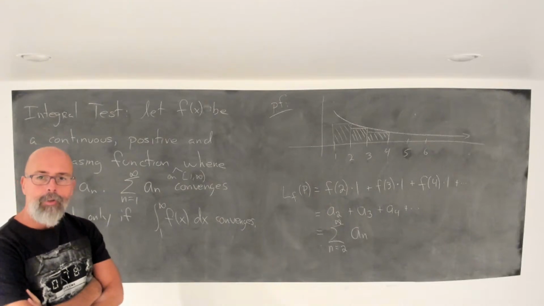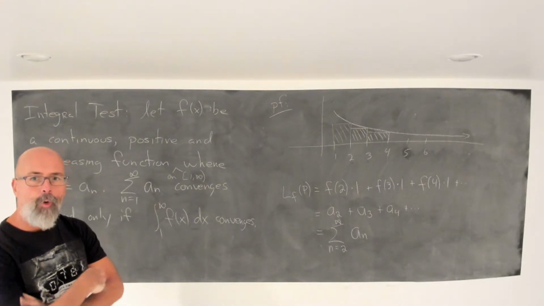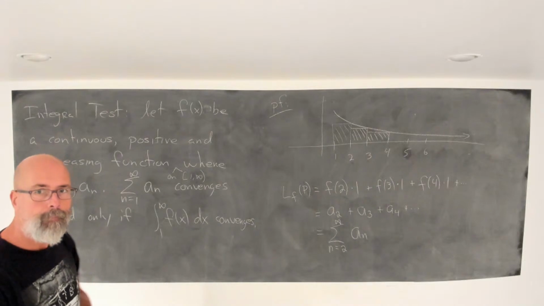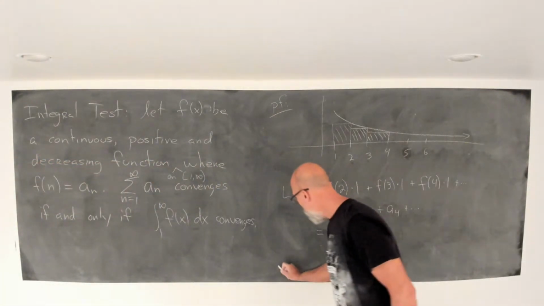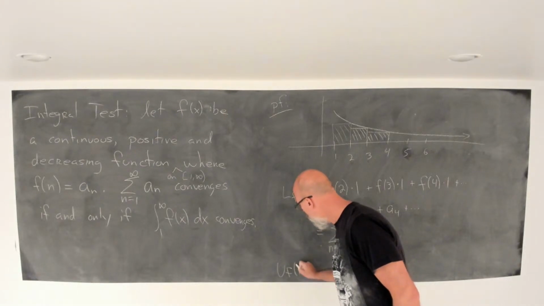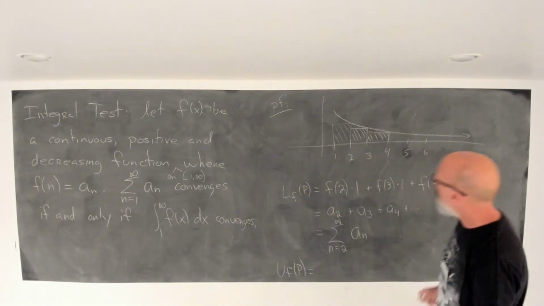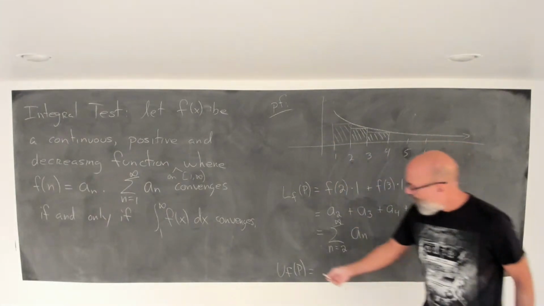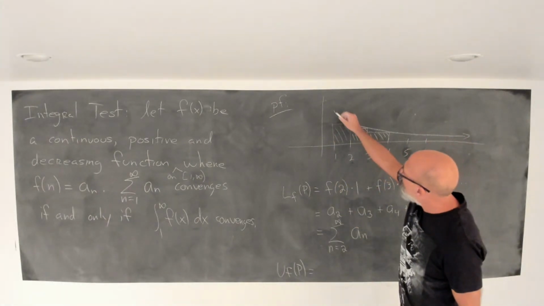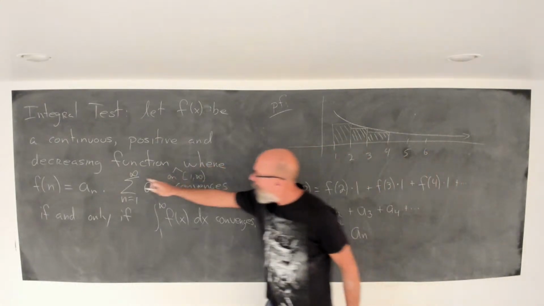And let's repeat for the upper sum. Let's work out the upper sum. Instead of taking the smallest value in the upper sum, we're going to take the largest. And your function is decreasing again, right?